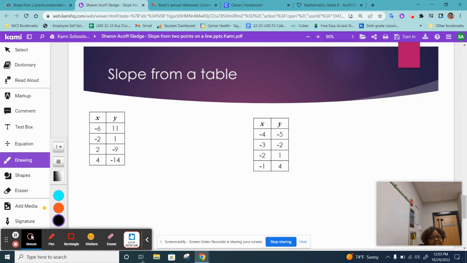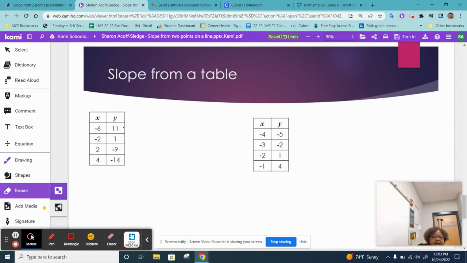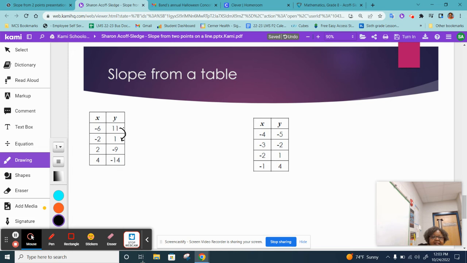Okay, so slope from a table. All you have to do is take 2 points. I'm going to take my first 2, these 2 and these 2. Let me go ahead and do arrows. So I'm going to go in this direction and then this direction, okay? So my y's, I'm going to subtract 11 minus 1. That goes on the top.